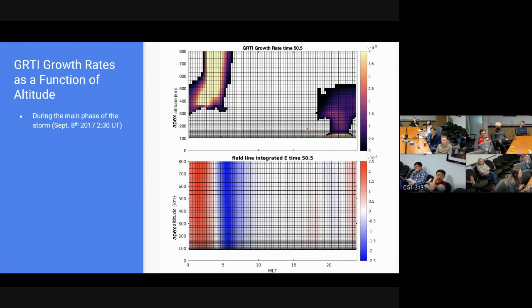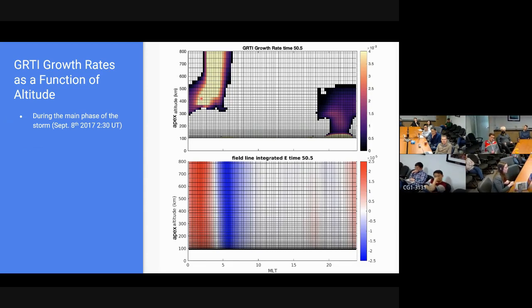But again, this has good agreement with our plasma bubble observations, since we're seeing more and more plasma bubbles at later local times, and we're seeing really large, really intense examples of plasma bubbles, as opposed to the smaller examples we saw during the initial phase of the storm.